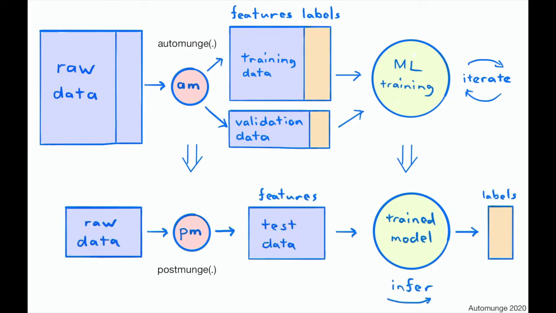Just as how the machine learning training operation returns a trained model that is used to infer predictions, the application of the Automunge function returns a trained dictionary capturing all of the steps and parameters of transformations that can then be used to consistently prepare additional data with the postmunge function. Shown here, consistently converting additional raw data to a test set for use to feed the trained model and infer predictions.